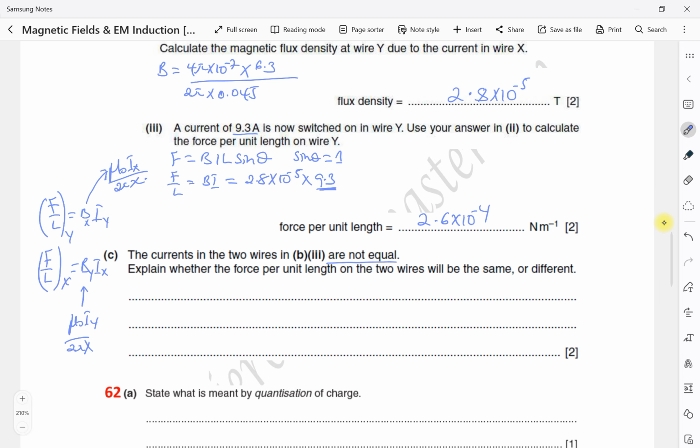So the force per unit length depends on the product of the two currents.